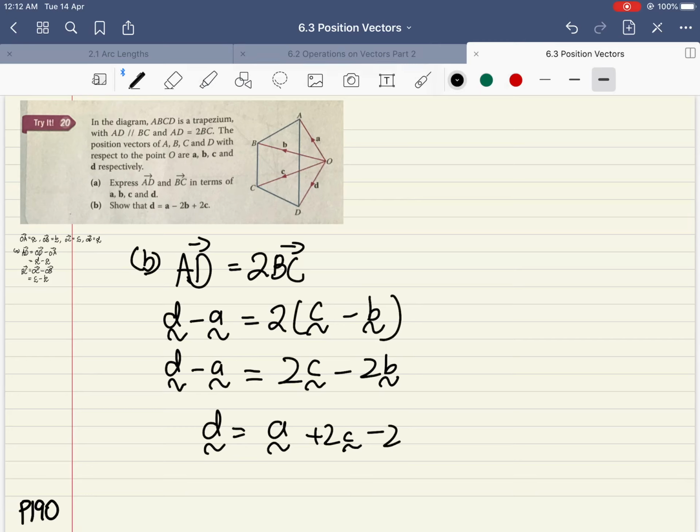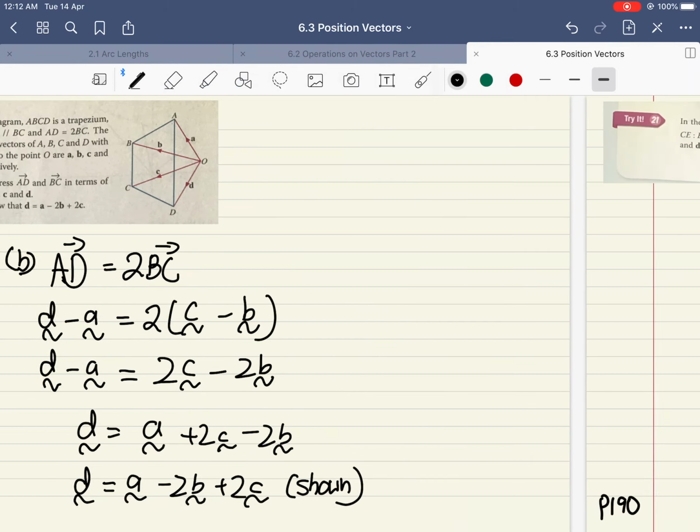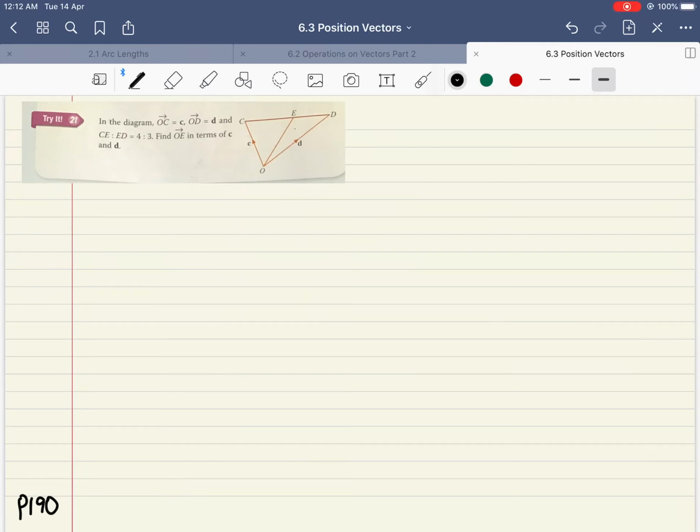So what I get here is A plus 2C minus 2B. I just rearrange the entire equation around, it is A minus 2B plus 2C. And that is what we want to show in part B. So down here, just go on and write the word here, shown.